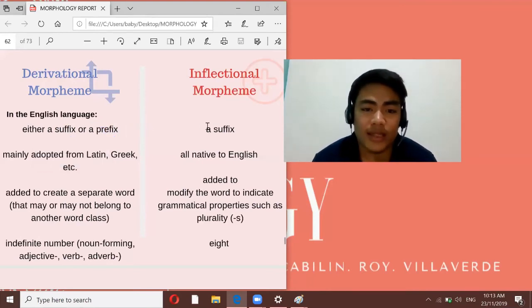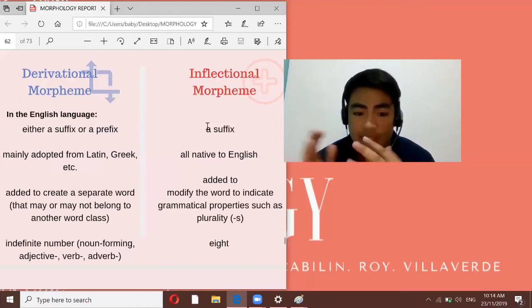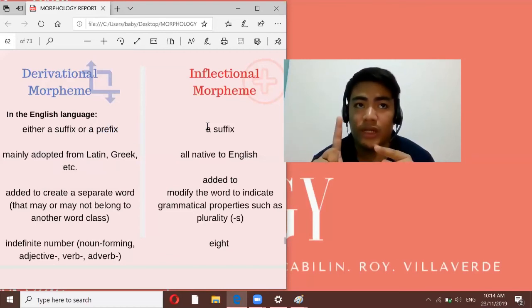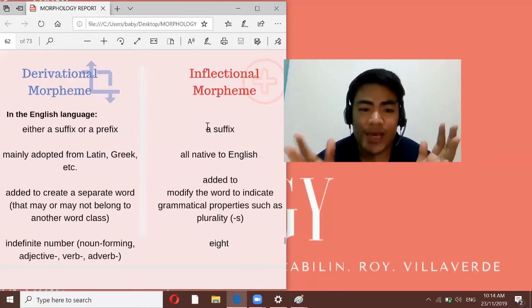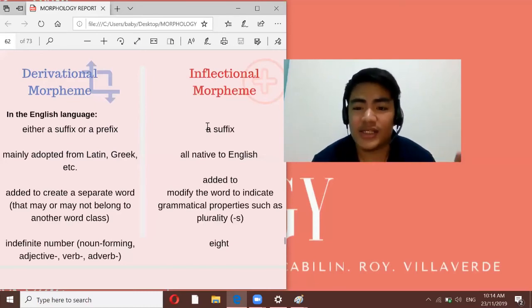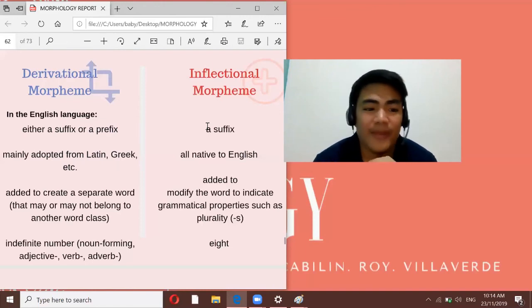On the other hand, inflectional morphemes are all suffixes, such as the plural inflection s from words like cars, trees, and chairs.